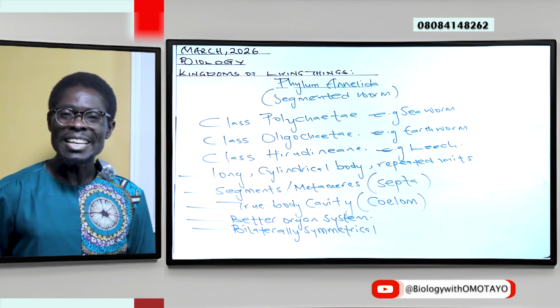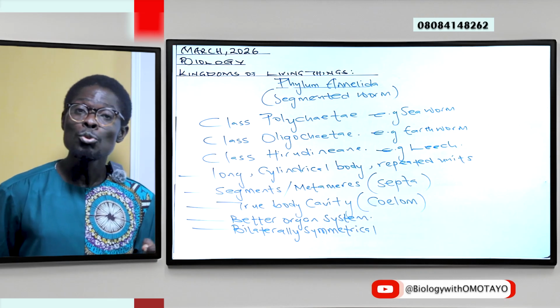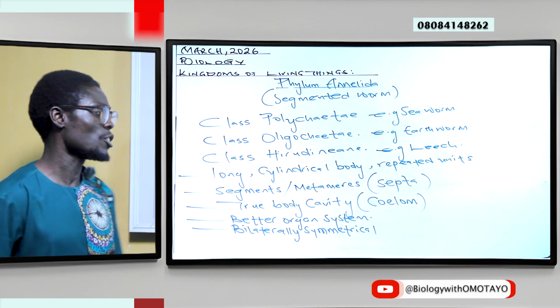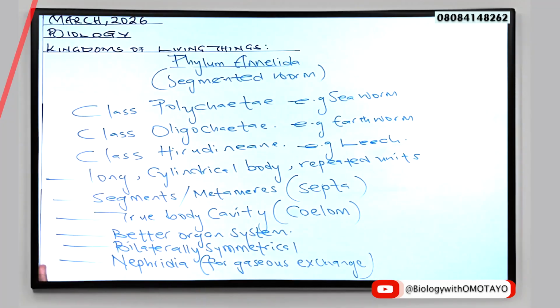In fact, they have a structure called the nephridia, which is used for gaseous exchange. So, most advanced worm with advanced circulatory system, digestive system, nervous system, and then a unique structure, which is referred to as nephridia. It is used for gaseous exchange through their moist skin.